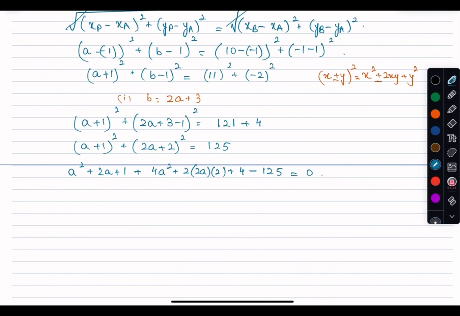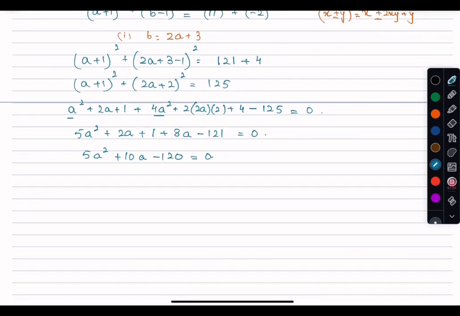Now a squared plus 4a squared can be solved as 5a squared. So it's 5a squared plus 2a plus 1 plus 8a and 4 minus 125, that can be negative 121, which is equal to 0. So my final quadratic equation becomes 5a squared plus 10a minus 120, which is equal to 0.